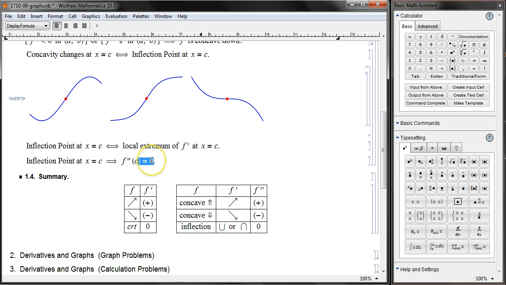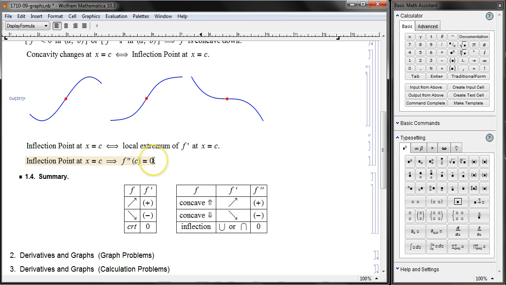Second derivative is 0, but the first derivative may end up with neither maximum nor minimum. In that case, it's not going to be an inflection point. What we are really looking at is local extremum of f prime. That is really the key.